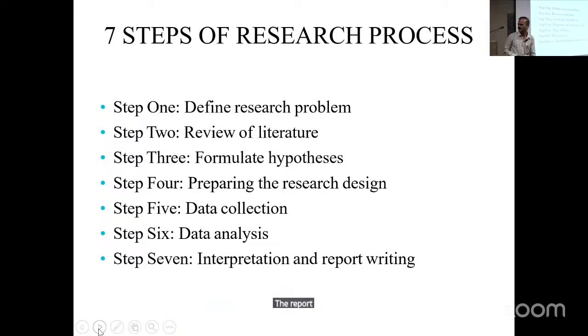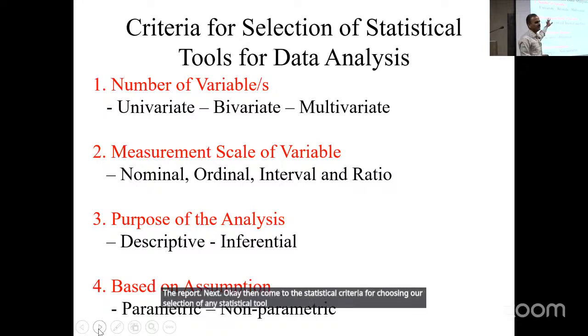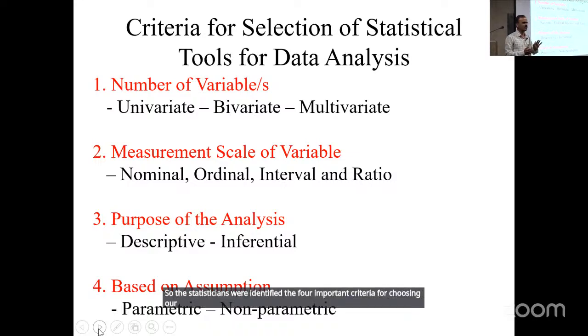Next. Okay, then come to the statistical criteria for choosing or selecting any statistical tool, given here. The statisticians have identified 4 important criteria for selecting a statistical tool for analysis of our data, irrespective of the type of data.